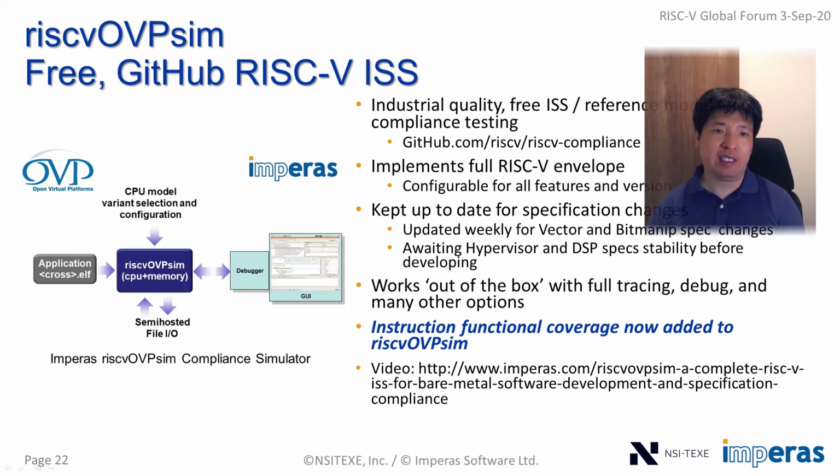I think it is an easy way. My colleagues also use it for software development. As recent news for this simulator, a feature to measure the functional coverage of instructions has been added. For further information, please see the link below.